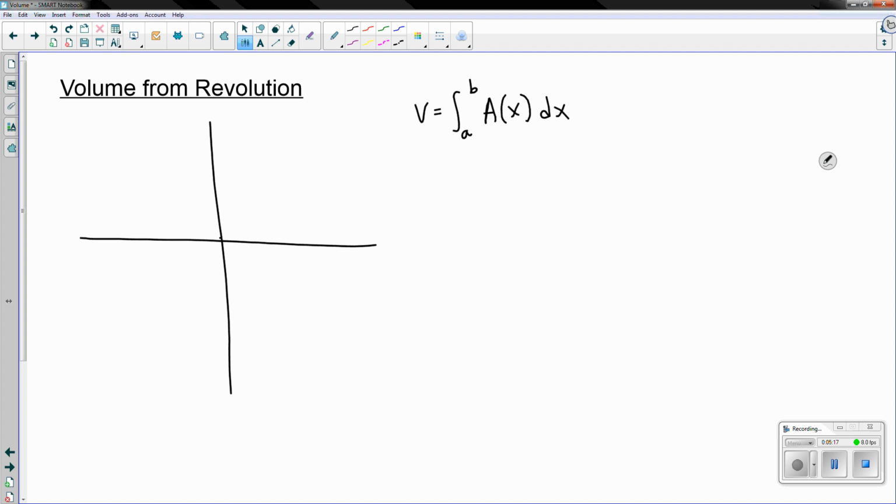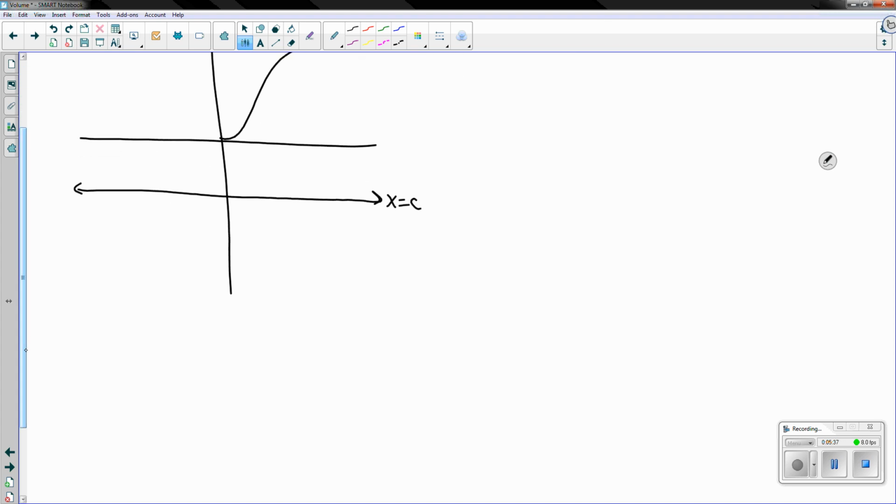So let's say we have our function f again, but instead of rotating around the x-axis, they want us to rotate around some line, say x equals c, whatever that is. Okay? So if we're rotating around that, we're still going to see some symmetry about that line.